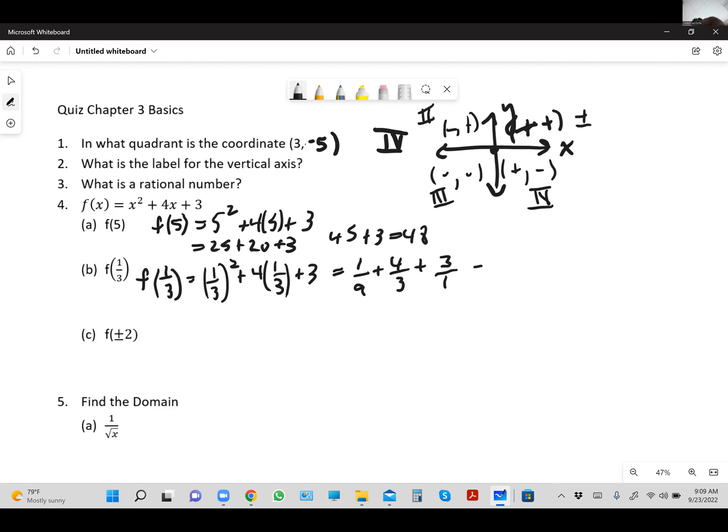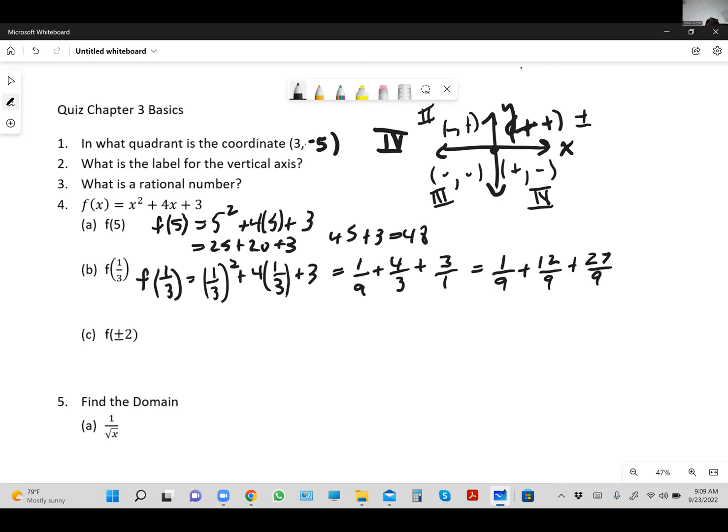Like, can I write this like this? Where'd you get 12 from? You see what I did? And what's 3 times 3? 9. So I just converted 4/3 into 12/9.